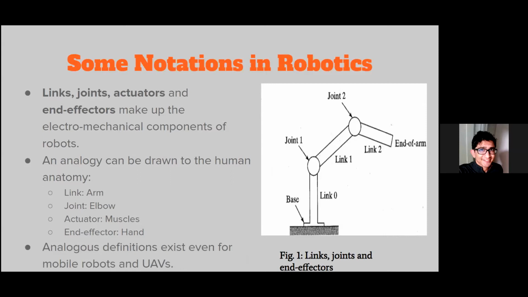In actual robotics, your end effector depends on the application that you're working on. For example, if you're working with a robot that does welding tasks, your end effector will be a welding gun that the robot holds.